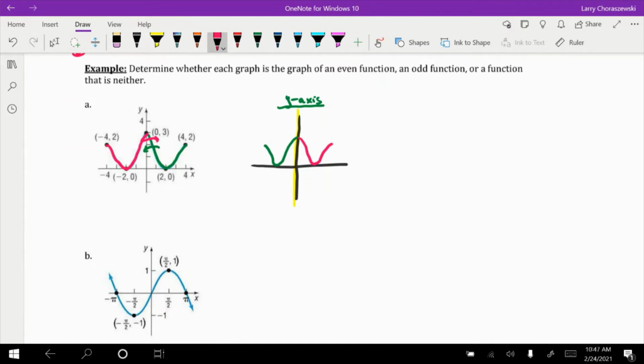Yeah, so upon doing a y-axis reflection, we actually get the same graph, don't we? So this means that there's y-axis symmetry. And any function that has y-axis symmetry would be representative of an even function.